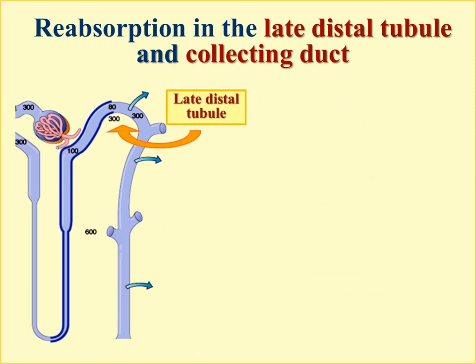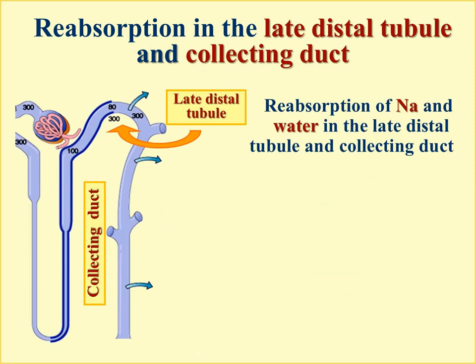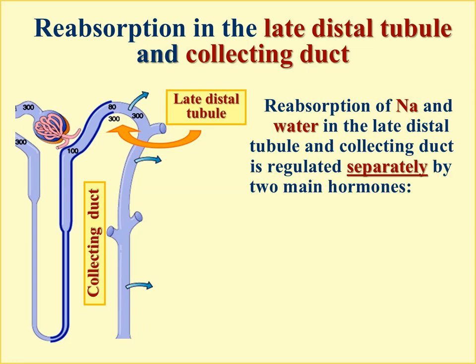Reabsorption processes in the late distal tubule and collecting ducts. This is the late distal tubule portion, and this is the collecting duct. The processes are very similar here, and what is necessary to mention first is that here the processes of sodium and water reabsorption occur not proportionally, not necessarily proportionally, and are regulated separately, regulated by hormones.